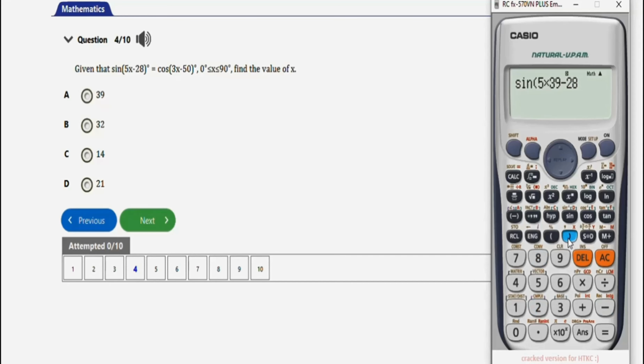Close the bracket to see the output. We have it to be 0.22. So let's also check the right side of the equation and see if we're going to have 0.22. Okay, so it's going to be cos 3 times 39 minus 50.